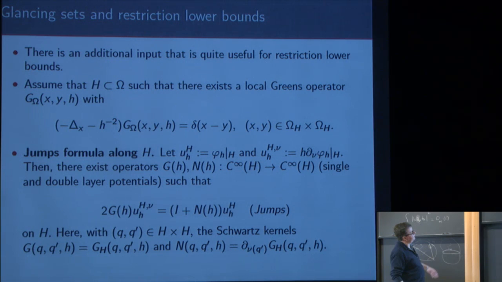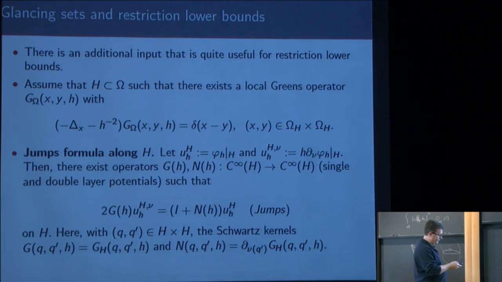Okay, so I want to link this to the billiard map here, just to remember the problem we're faced with now: trying to separate out the Neumann data and the Dirichlet data, right? If we can compare the two, then we have a good chance of proving the kind of restriction bounds that I'm talking about. So the key point here is that suppose I have such a hypersurface inside some domain, and I have some local Green's operator, a Green's operator for the ambient Laplacian.